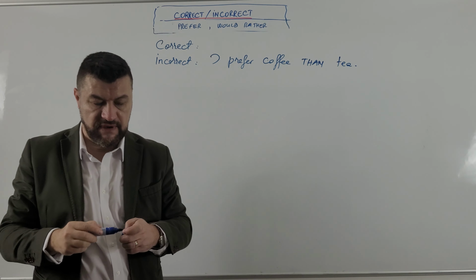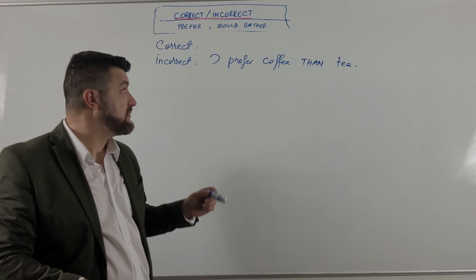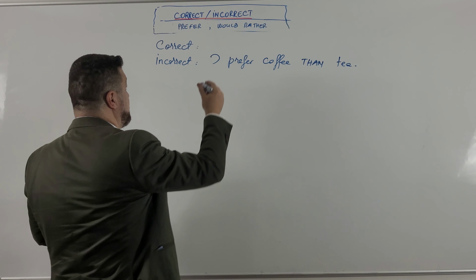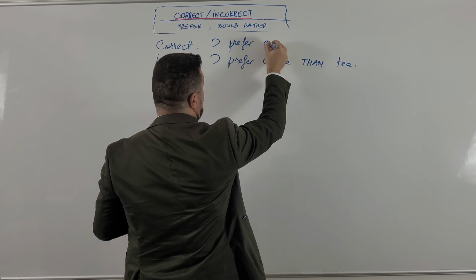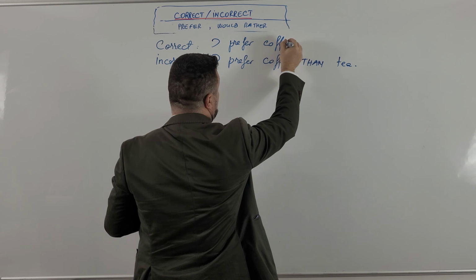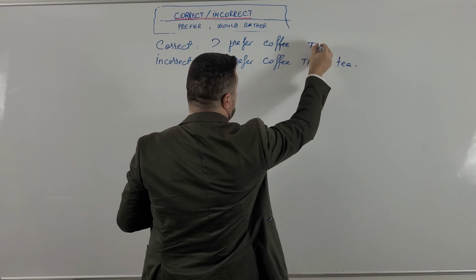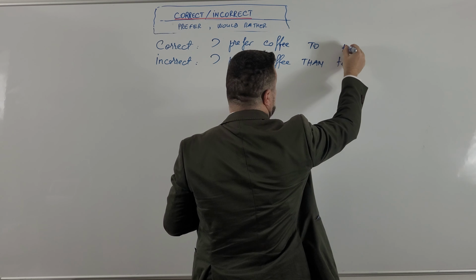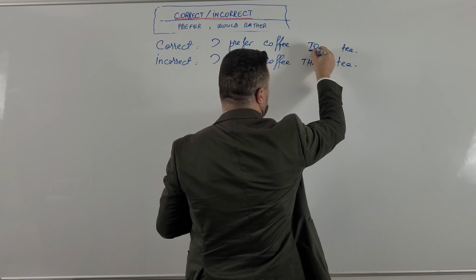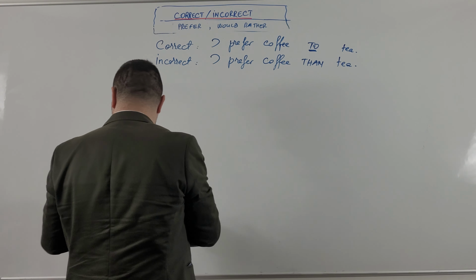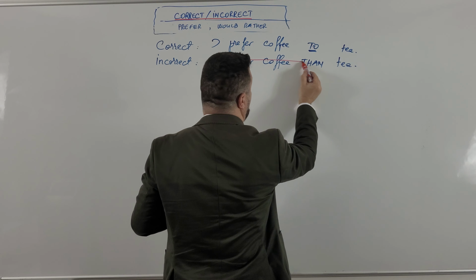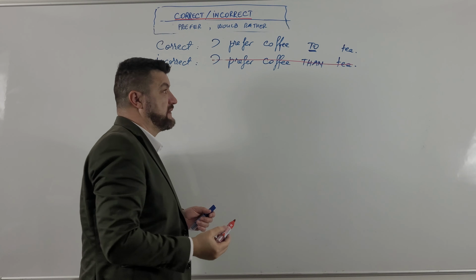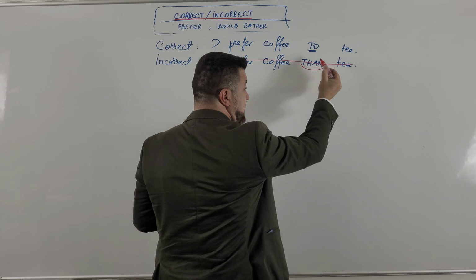And if you didn't know it by now, now it's time to know it. The correct one will be, I prefer coffee to tea. Okay? To tea. This is the correct one. Let's cross off the incorrect one. The mistake being here.